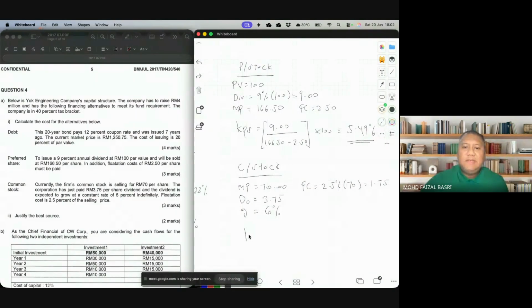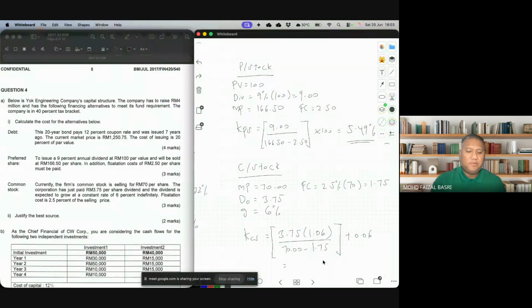So to find the KCS, cost of common stocks, remember, kalau soalan dia bagi D naught, this 3.75 ni kita kena increasekan by 1 plus G. So 1 plus G is 1.06. Market price RM70. Flotation cost 1.75. And don't forget to plus the growth rate of 0.06, the 6%.